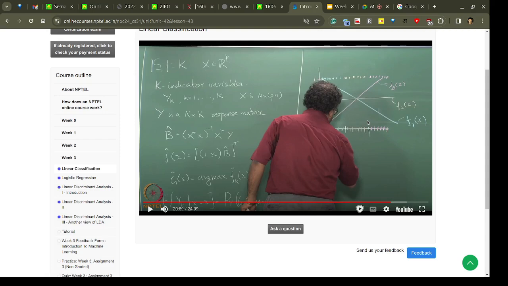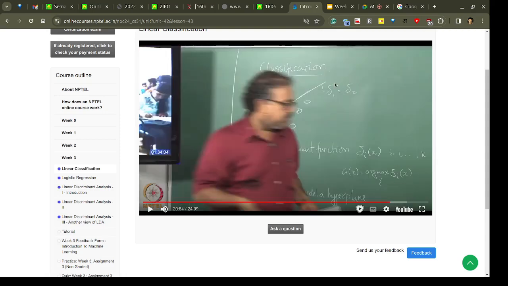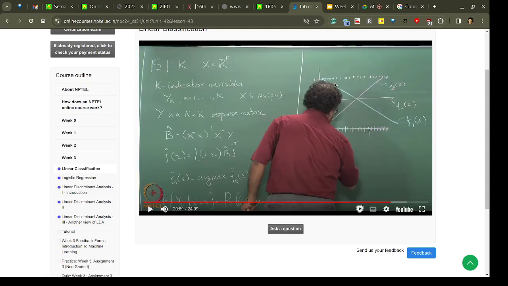So here you can see there are multiple points, and we have to draw a line in such a way that it will be able to divide those classes. Always it may not be possible.